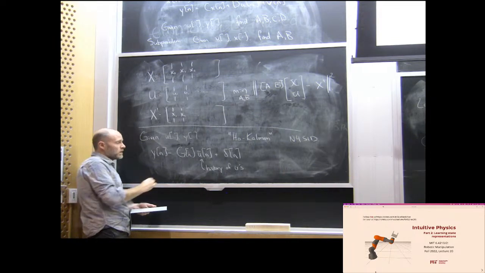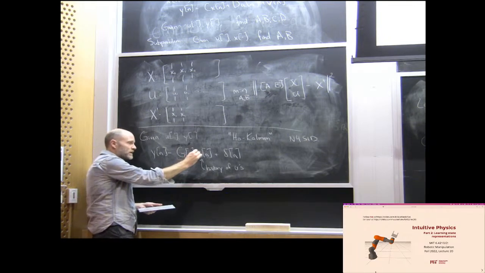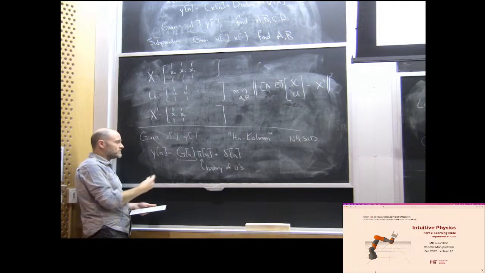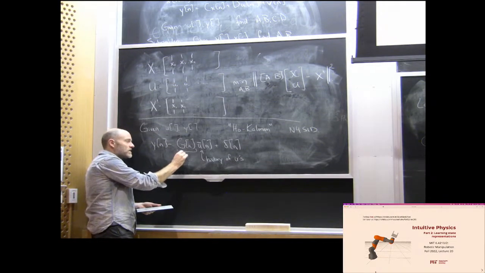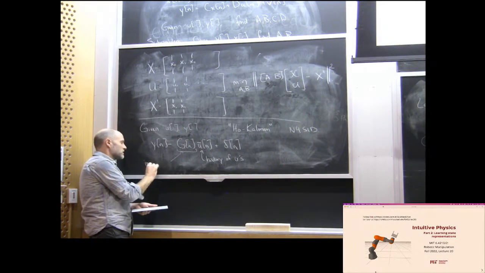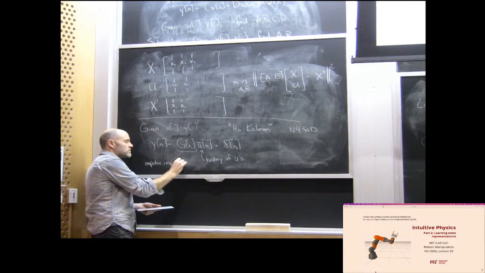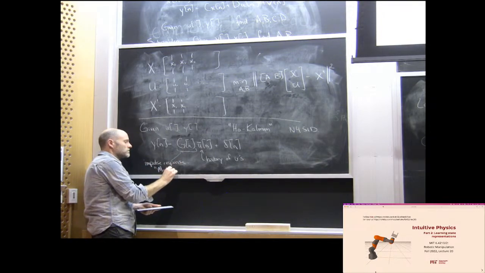If you connect back to when you learned signals and systems, if you took 003, this is the impulse response of the dynamical system. It's often called the Markov parameters of the model.